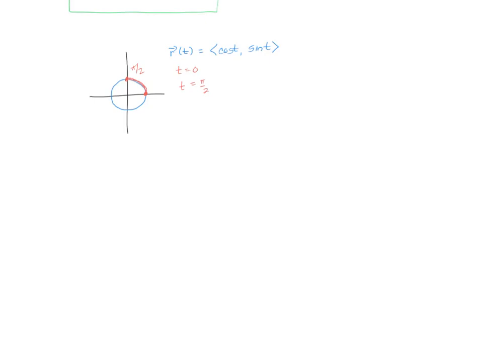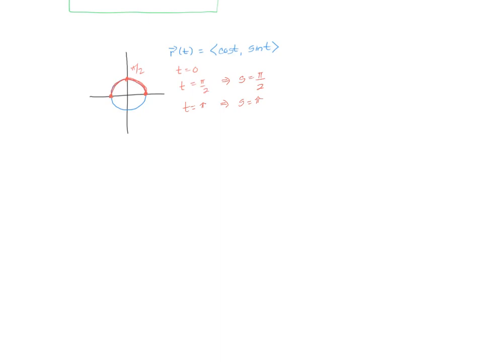So notice my t value corresponds to the length of the arc. So again, if t is equal to pi, and I'm here at pi on my unit circle, then I have traveled a total distance of pi. So the t value corresponds to the length I've traveled so far on this curve.